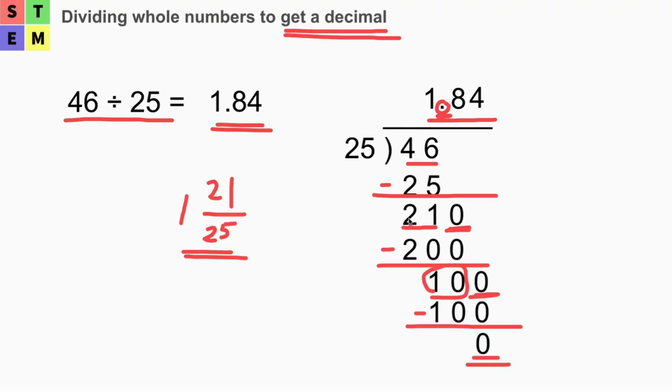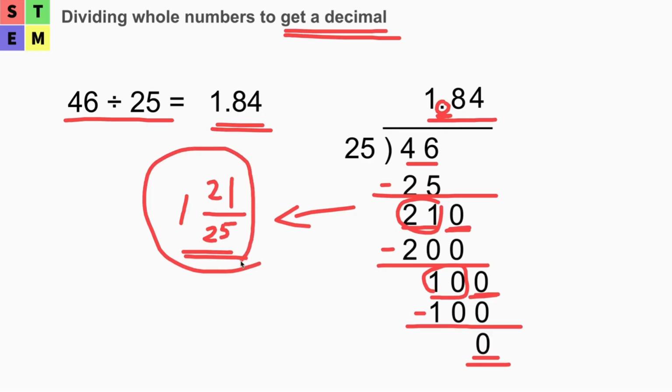Otherwise, after the first calculation, we can just write it as a mixed number. So that's one kind of result. And that's how we get the result in decimal.